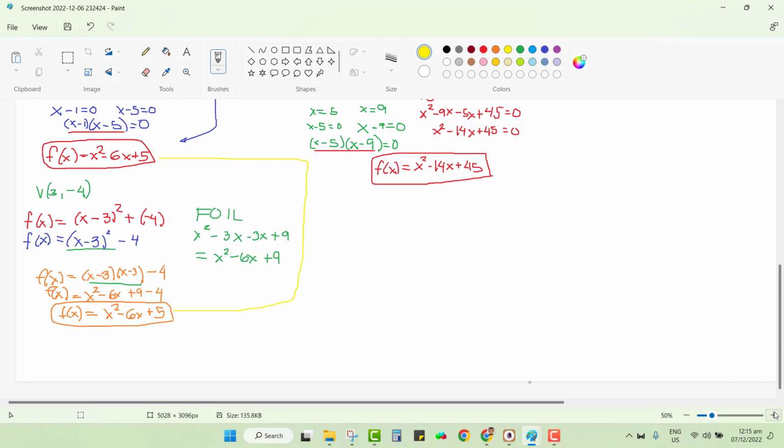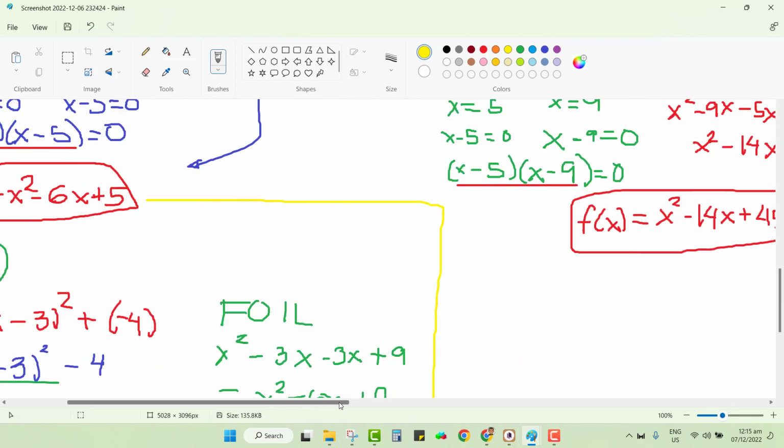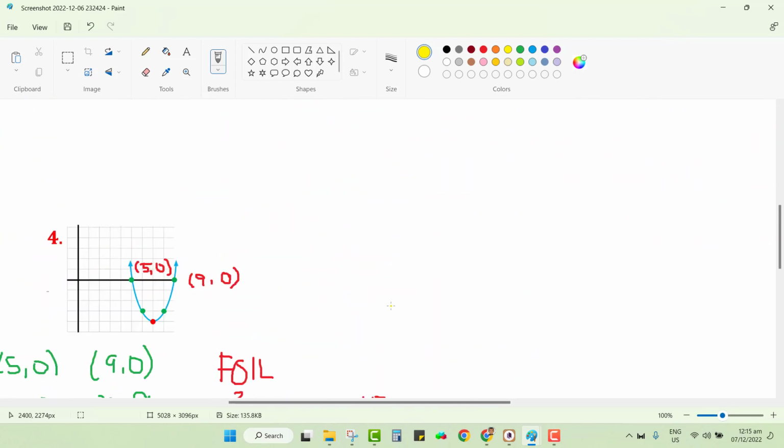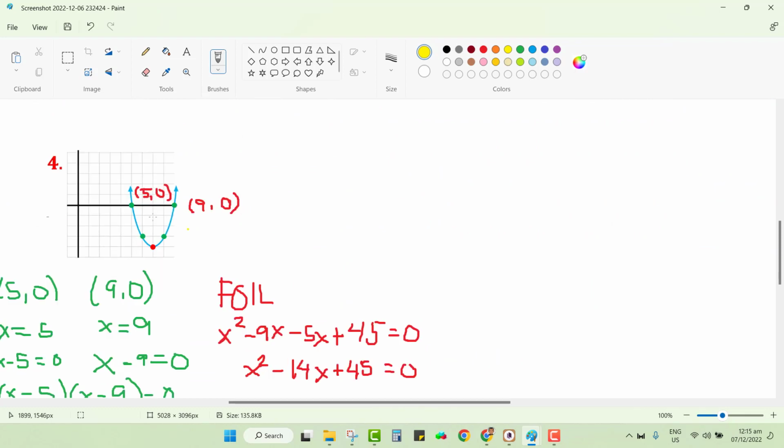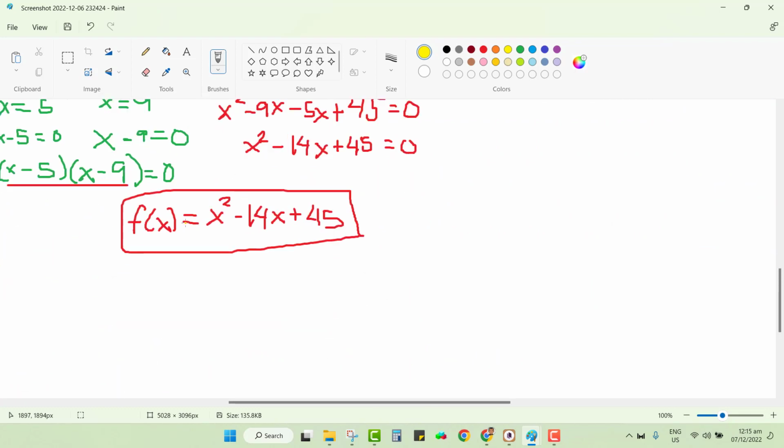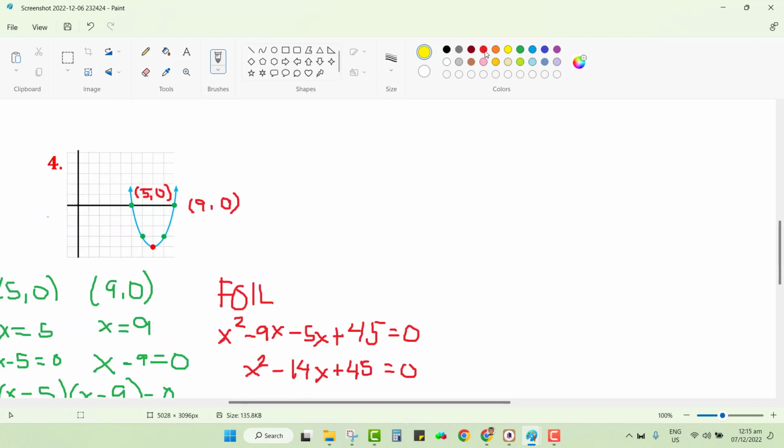Let's try to see if that is the same case with question number 4 in the previous video, using intercepts here and coming up with this result. Here, instead of intercepts, let's use the vertex. And the vertex is somewhere here for x: 1, 2, 3, 4, 5, 6, 7.